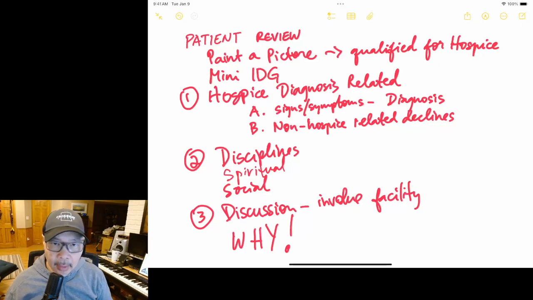And then when we do this, we also are able to create documentation that represents why this patient is on hospice. I don't care so much about all the other information that comes out of these patient reviews if we're not addressing the primary reason they're there for. You know what I mean?